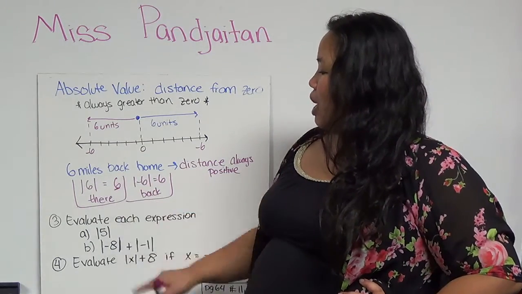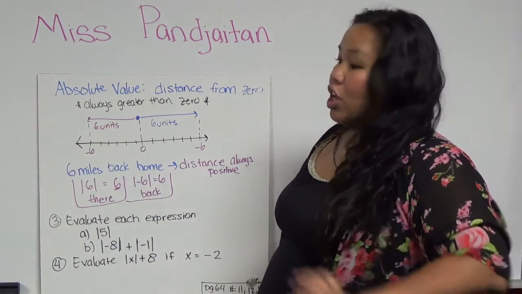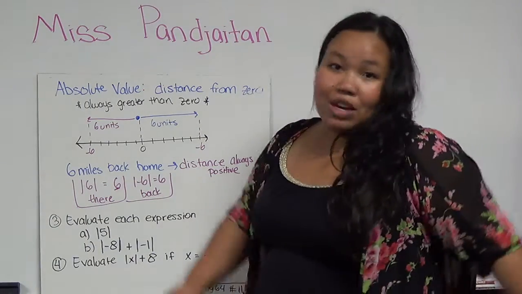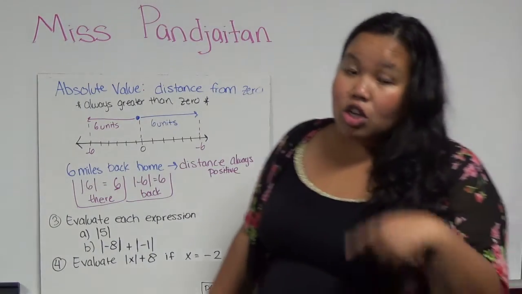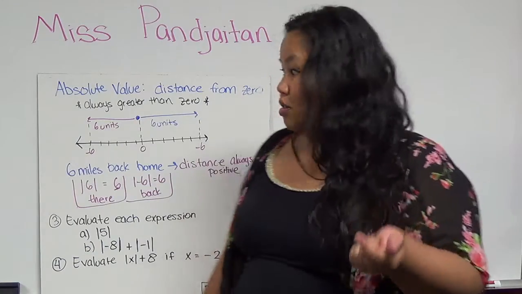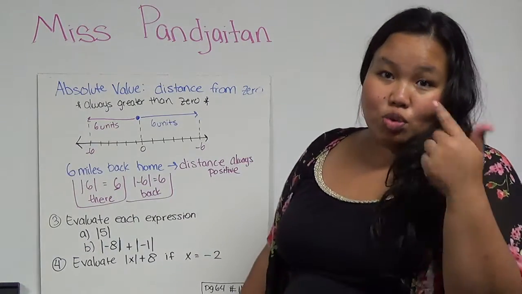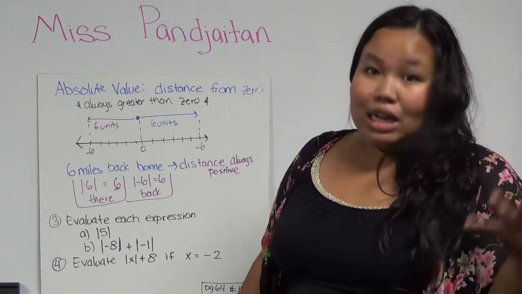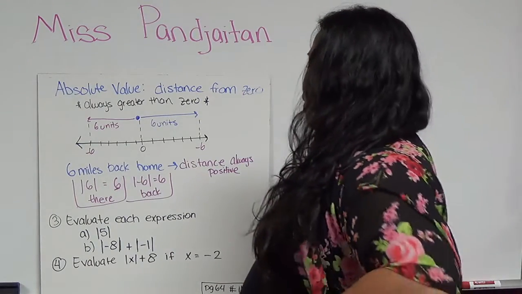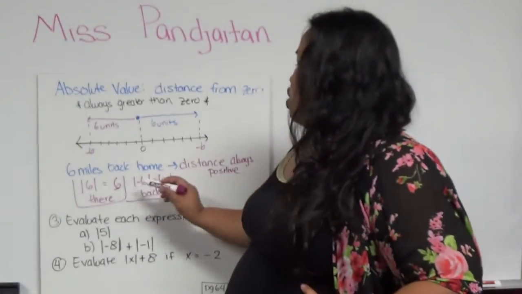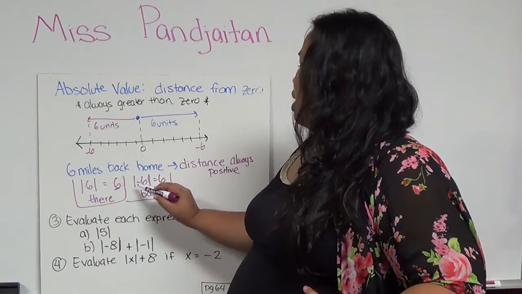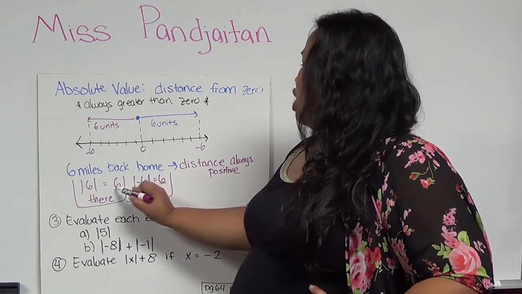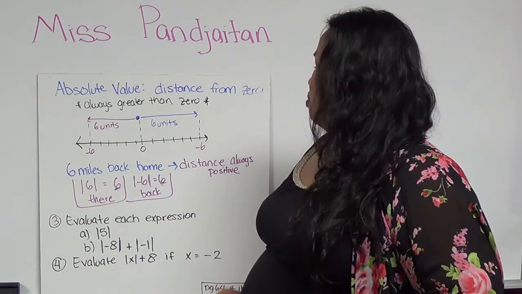If I go 6 miles backwards, even if I walk backwards, I'm still doing 6 miles, okay? And your body will tell you, because when you run 6 miles backwards and you run 6 miles back home, it does not put negatives on your workout for that day. So if I do negative 6 miles, it still represents that I traveled 6 miles, okay?